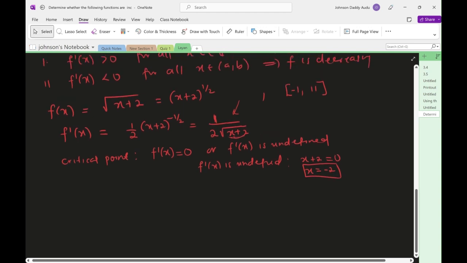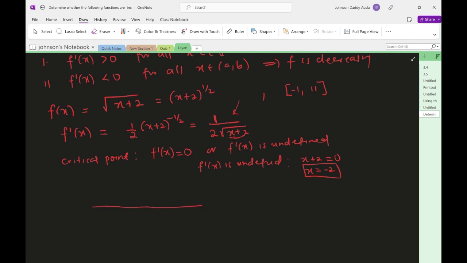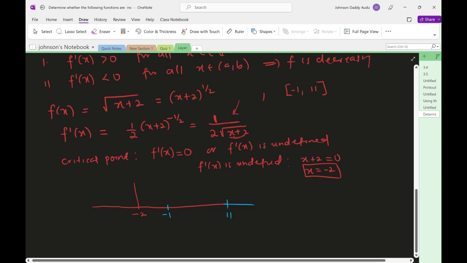But now, x is equal to -2. This is like our number line. So here, this is -2. But we're actually interested in which interval? We're interested in the interval -1 to 11. So if this is -2, we know -1 is somewhere here and 11 is somewhere here.